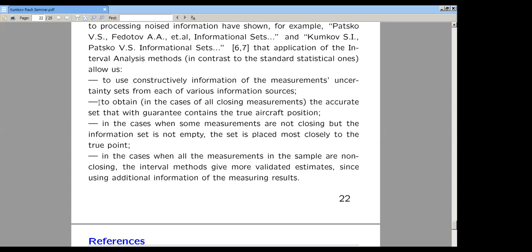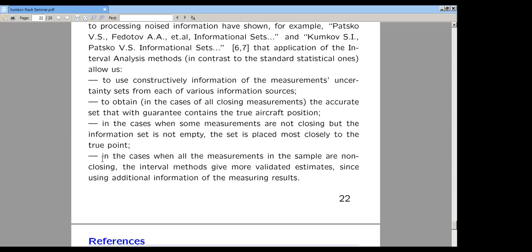Further, our approach allows us to obtain, in the cases of all enclosing measurements, the accurate set that with guarantee contains the true aircraft position. And in the cases when some measurements are not enclosing, but the information set is not empty, we found that the set is placed most closely to the true point. It's very, very pleasant fact.